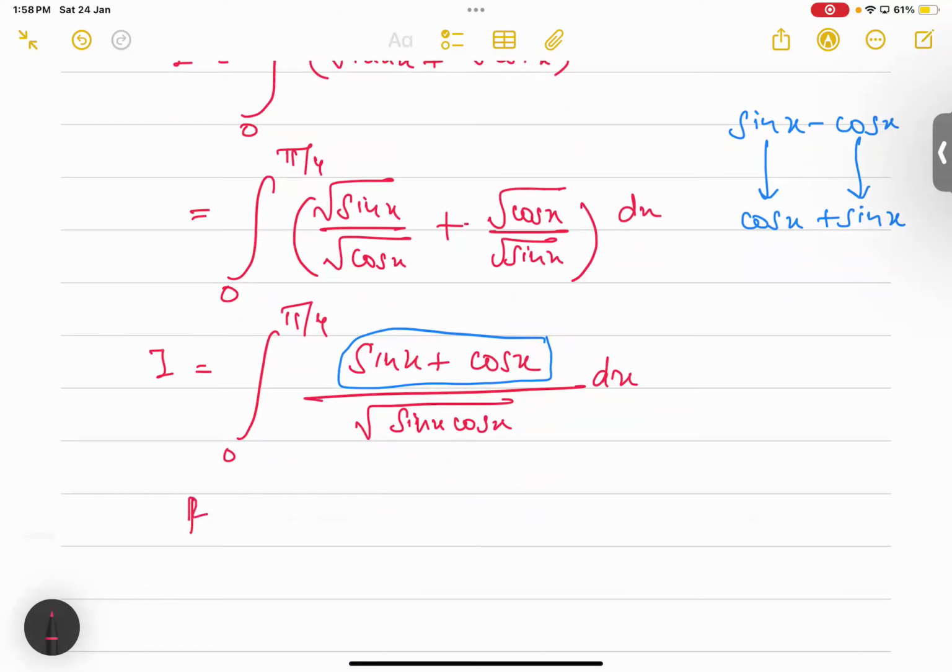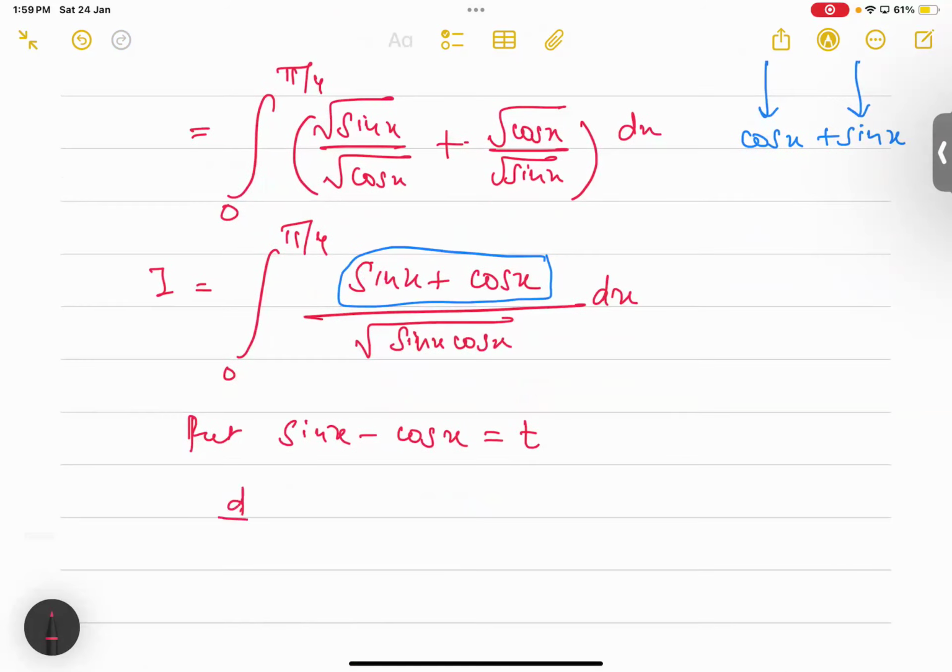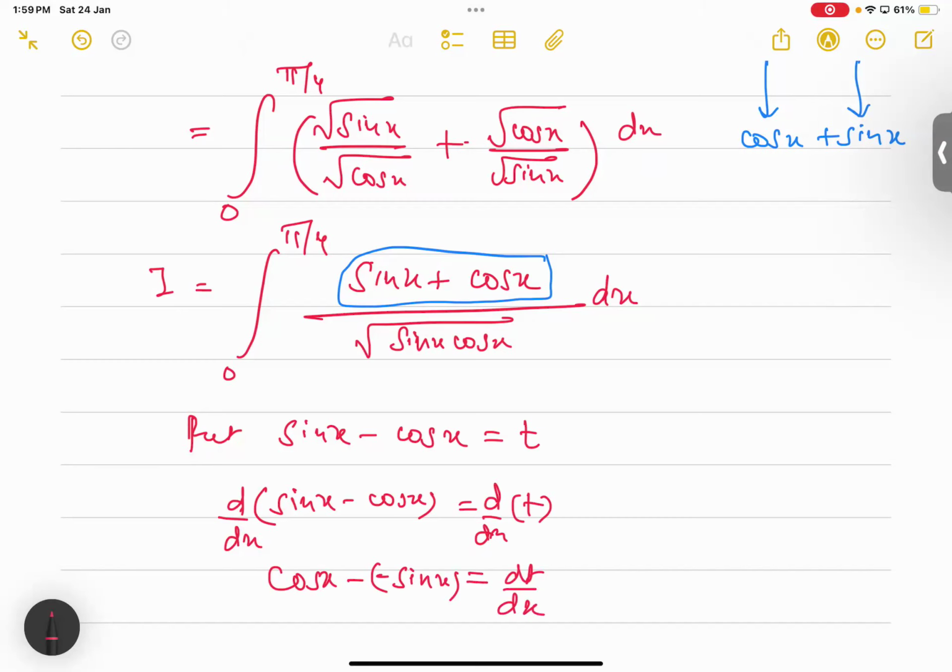So put sin x minus cos x equal to t. The derivative of sin x minus cos x is the derivative of t. What is the derivative of sin x? Cos x. And of cos x? Minus sin x.